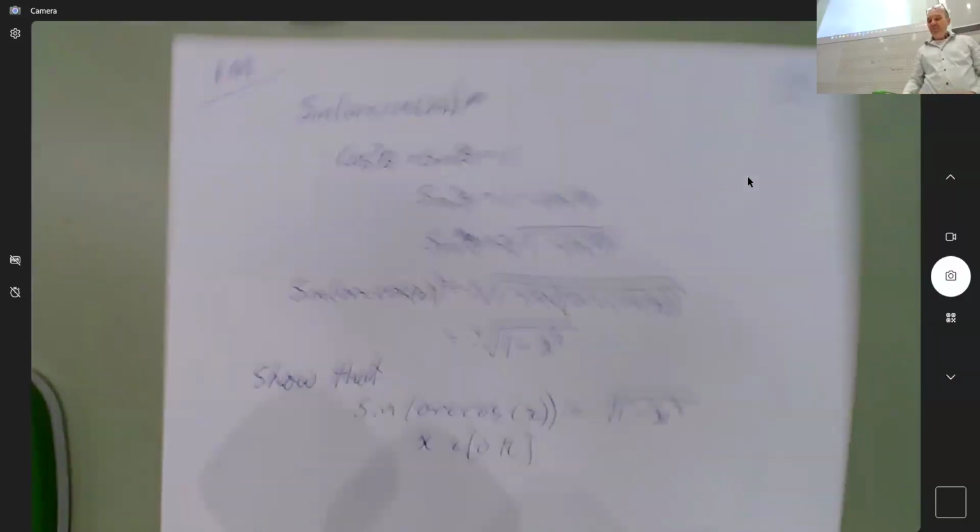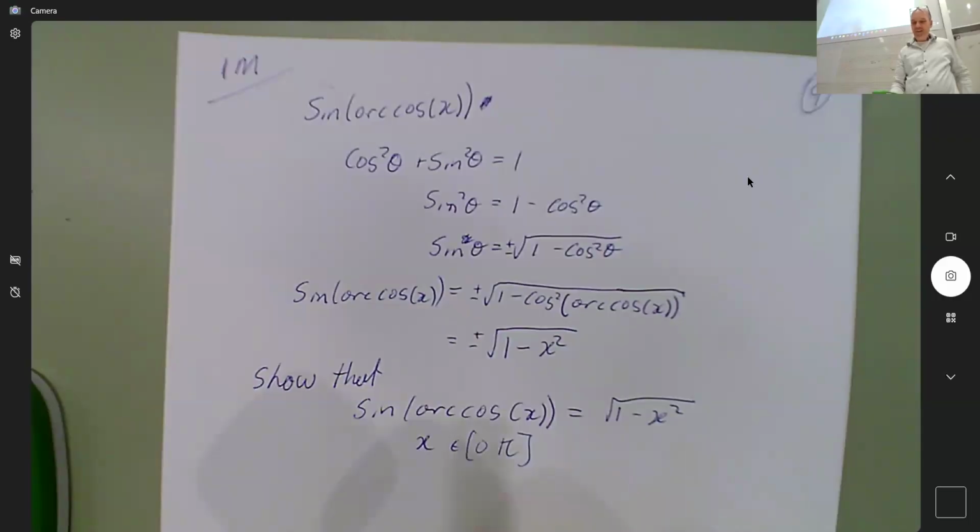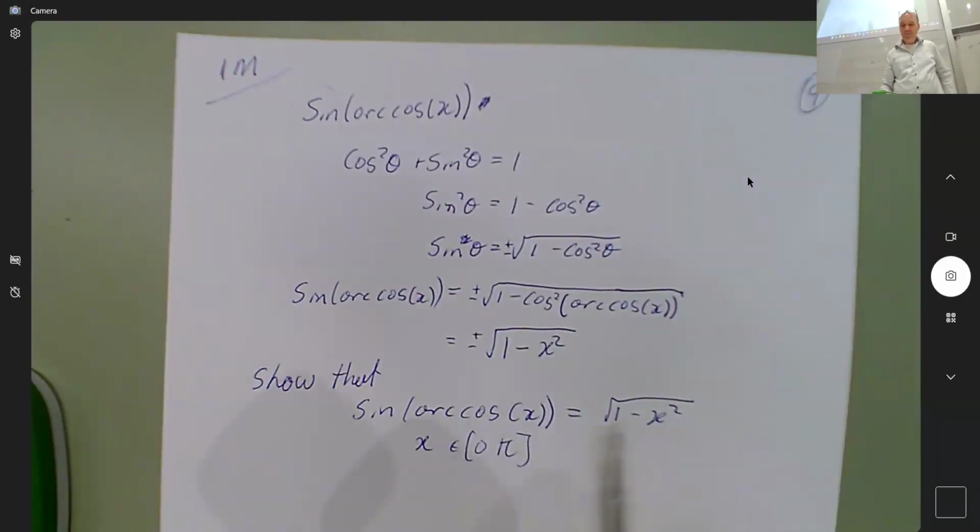By knowing where x is, I know that sine has got to be positive, and so that should be right.